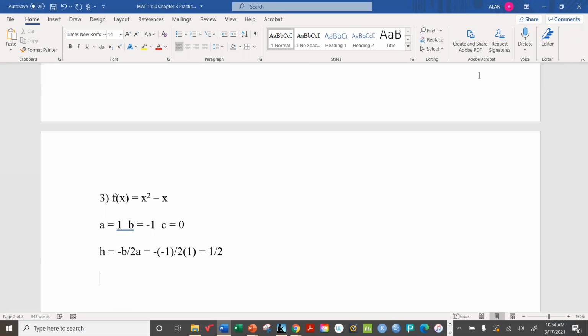And then, as you know, K is f of h, or f of a half. You could write that as 0.5 if you want to. All right, so you've got 1/4 minus a half, or you can think of it as 1/4 minus 2/4, which is minus 1/4. So the vertex equals a half comma negative 1/4.